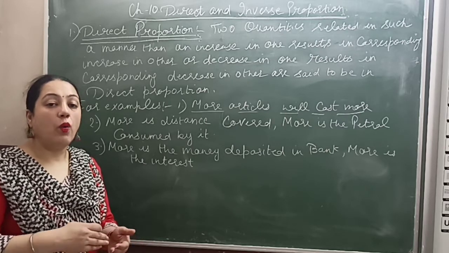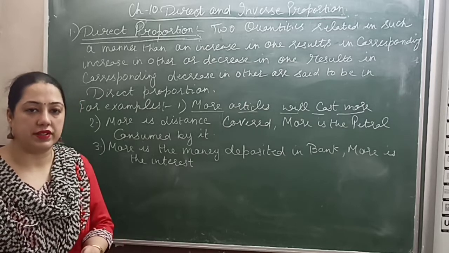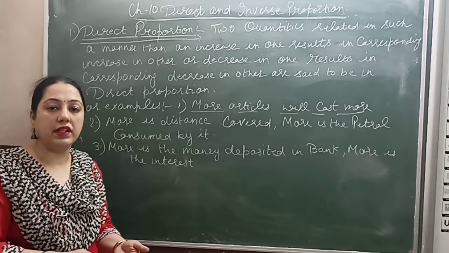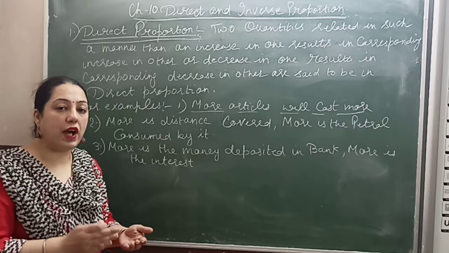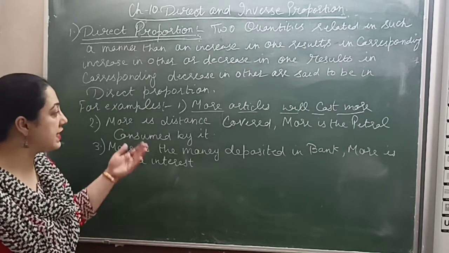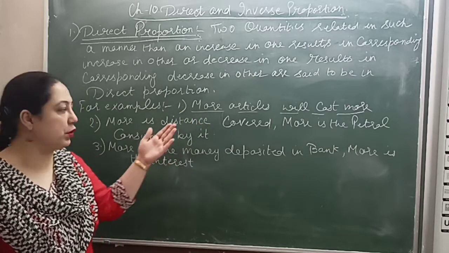It means whenever you increase the quantity of pens, its cost also increases. This is direct proportion. If you decrease the quantity, that is if you buy 5 pens only rather than 10, then its cost is 50. So these types of variations are direct proportion.